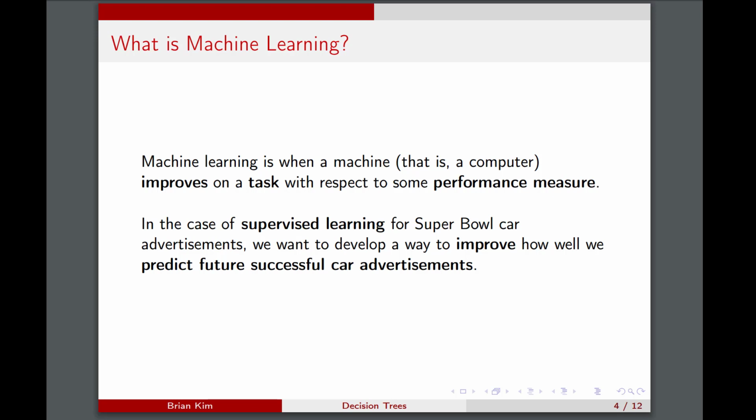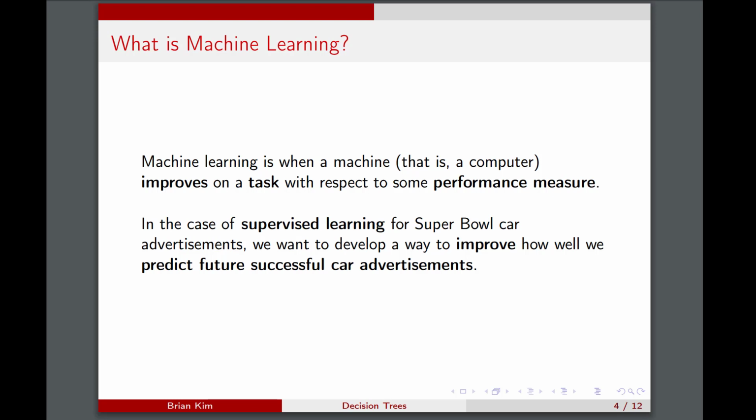Overall, backing up even more, machine learning is when a machine improves on a task with respect to some performance measure. In the case of supervised learning for Super Bowl car advertisements, we want to develop a way to improve how well we predict future successful car advertisements.